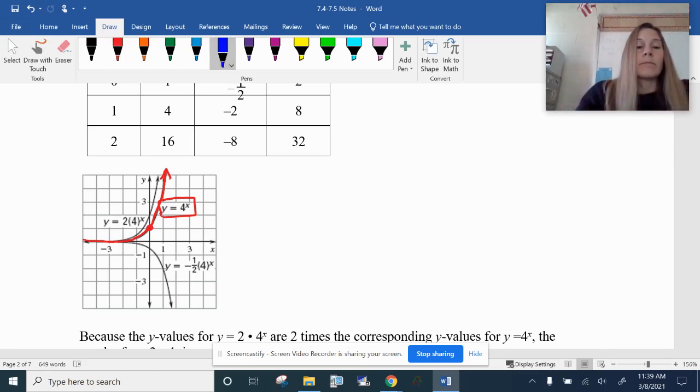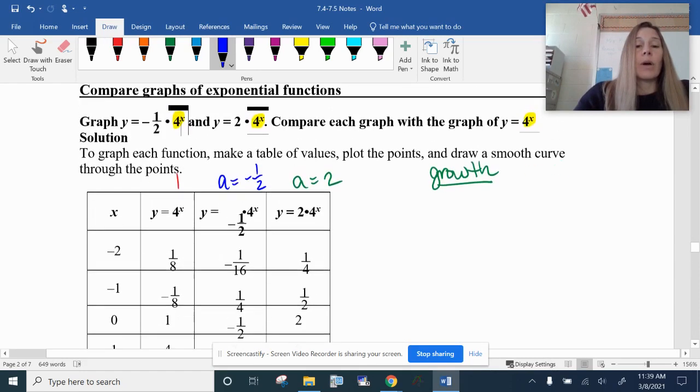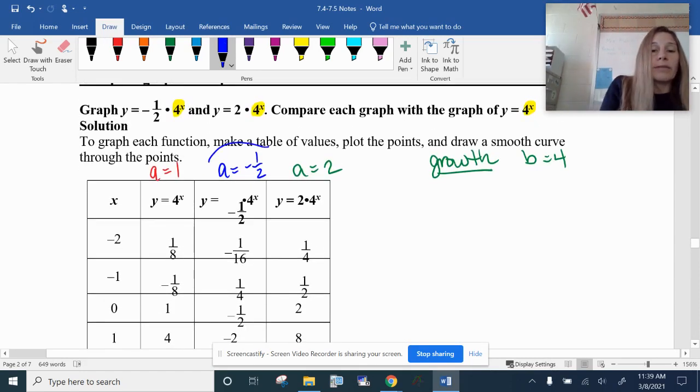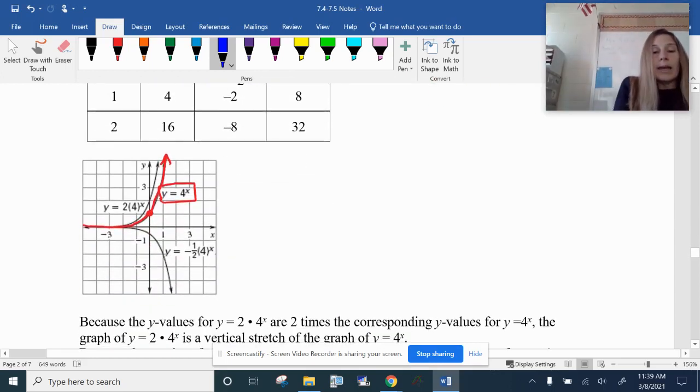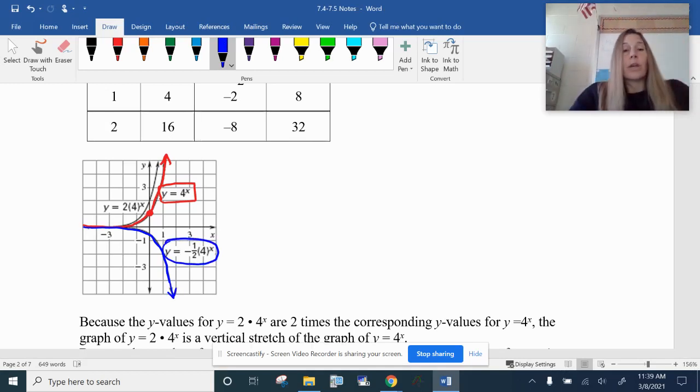Now the next one has an a value of -1/2. And notice that this one is technically not growth because look at what the graph does. That negative makes this graph go downward, which doesn't really make sense with a lot of things if you're talking about exponential growth, because you can't have the population going more negative or amount of money that's invested becoming more negative.